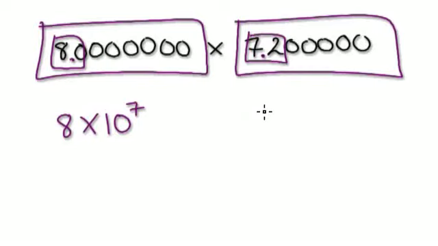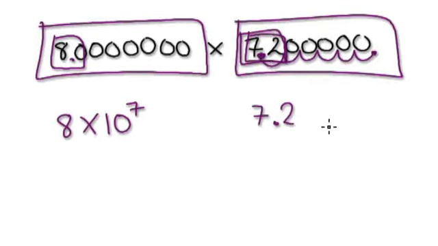Then convert it, 7.2. We want the decimal here, because we have to express it in standard form. Originally it was here, so we need 1, 2, 3, 4, 5, 6, times 10 to the power of 6. Now, if you don't understand this, watch some of the earlier videos.